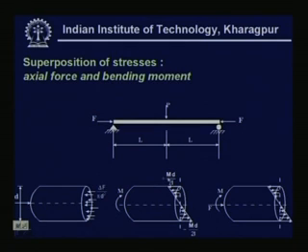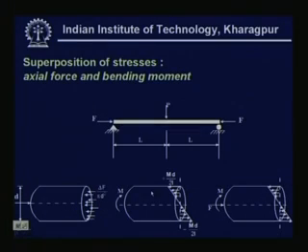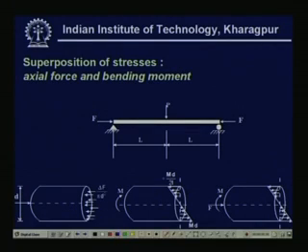If you add this together, you get the total stresses. Add up means the algebraic summation. This actually should be 4F by pi d square. So, just make a correction please. Okay.